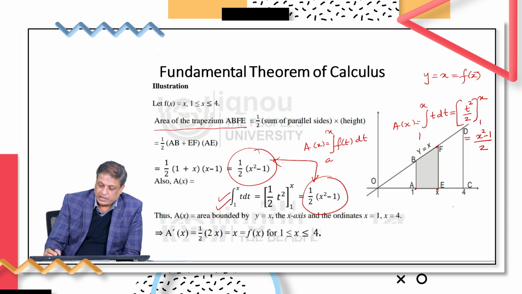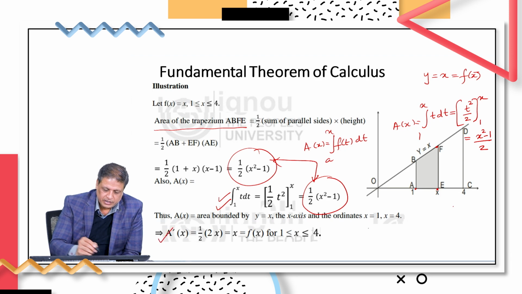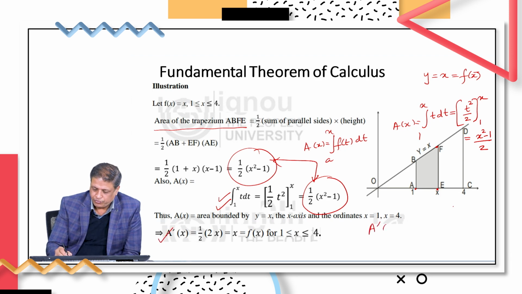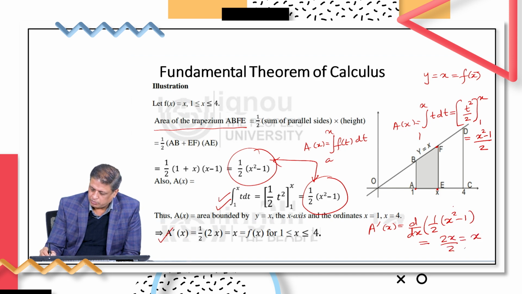To check whether differentiation is the opposite of integration, let's find the derivative A dash x. That is d/dx of 1 by 2 into (x square minus 1), which turns out to be 2x by 2, and this is nothing but x, which is your f(x).